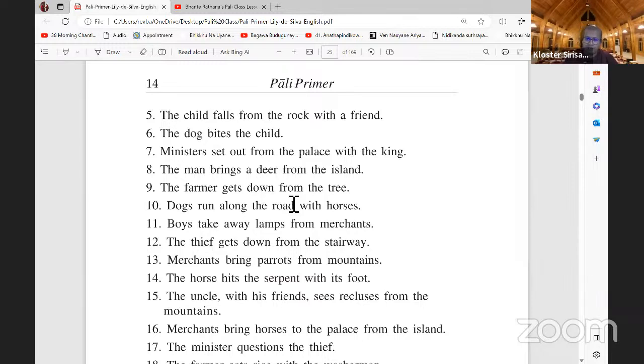So magena is also the same. So we use the tatiya instrumental for magena, along the road, like narina, instrumental case. Tatiya. Is that clear?